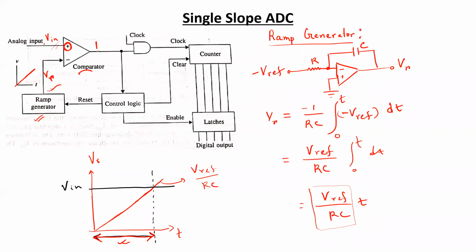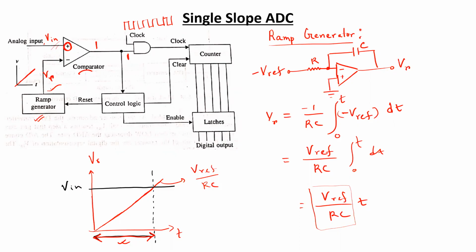If the comparator output is high, the AND gate is getting a 1 at one of its terminals. So at the other terminal, if the AND gate is having a clock pulse, what will happen to the output of the AND gate? Output will be the same as the clock pulse.